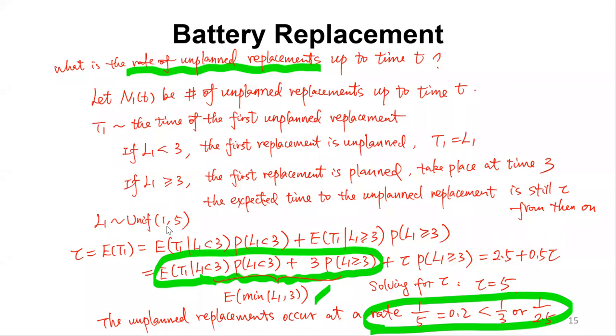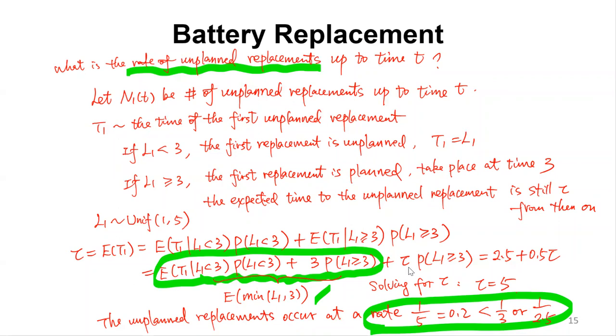So L1 is uniform on 1 to 5. So tau equals the expectation of T1, the unplanned time. If L1 is less than 3, this is the probability that L1 is less than 3, and T1 is our unplanned time, right? If L1 is greater than 3, you have probability, the time is 3, and then you have to add tau again. Okay, this is a conditional expectation.